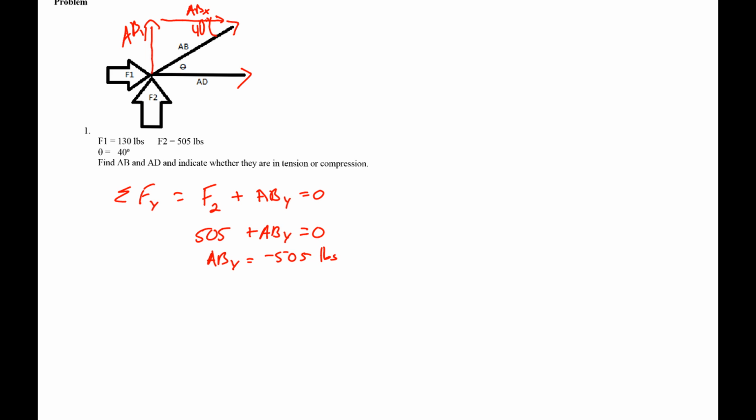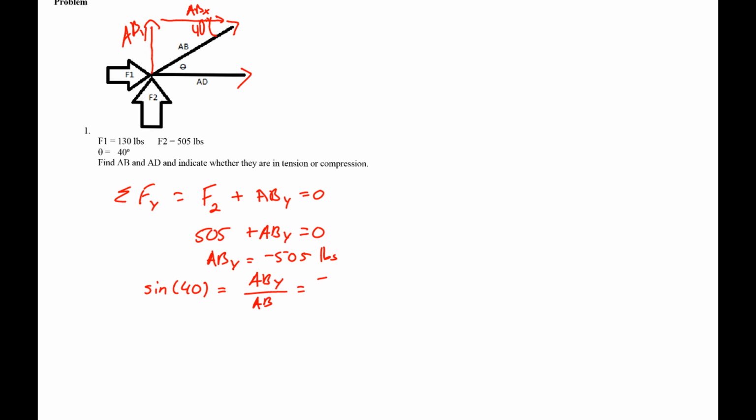All right, so now we need to use this to find AB. Are we going to use sine or cosine to find AB if we have ABY? Sine. So we're going to say sine 40 equals opposite, ABY, over hypotenuse, which is just AB.